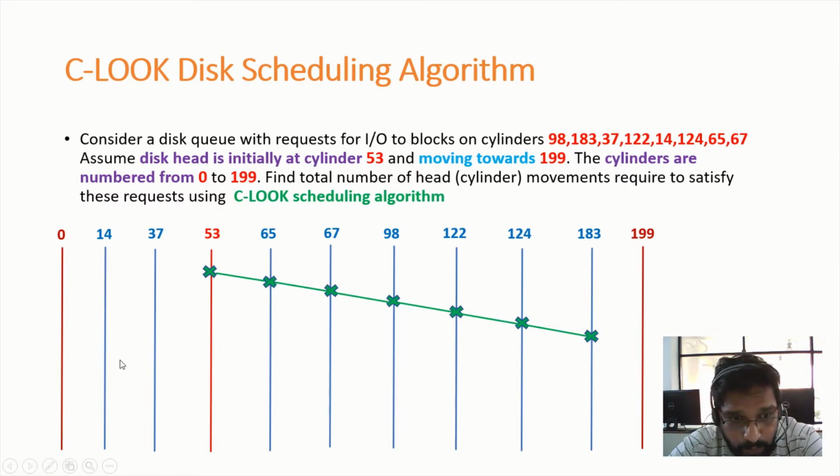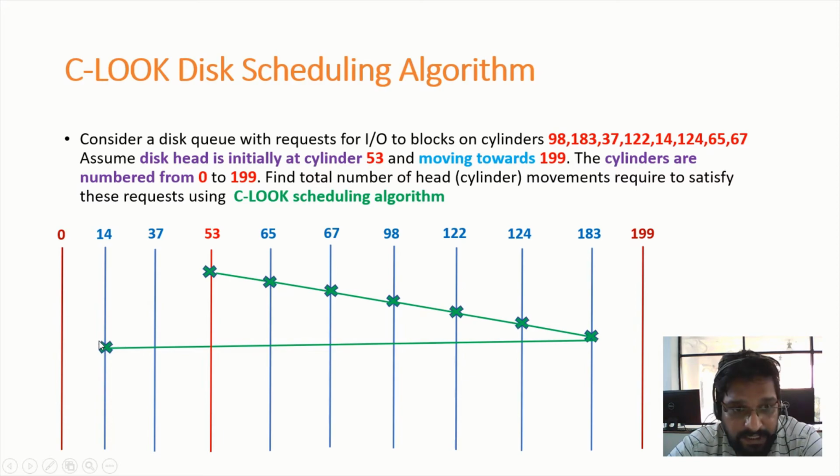We should move up to cylinder number 14, not up to cylinder number 0. This is the most important thing; we should make a note of it. I repeat, while moving in the reverse direction, we should move up to cylinder number 14, not up to cylinder number 0.